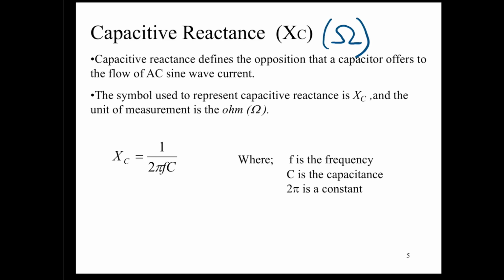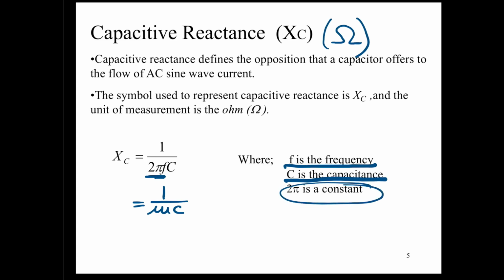Or are you working with its reactance, which is always in ohms and is its opposition and is affected or changed by angular velocity? So in our equation here, 2 pi f corresponds to our angular velocity, and we have 1 over angular velocity times c. So c is the capacitance in whole units of farads, f is our frequency in whole units of hertz, and then we have our 2 pi value for our radians.